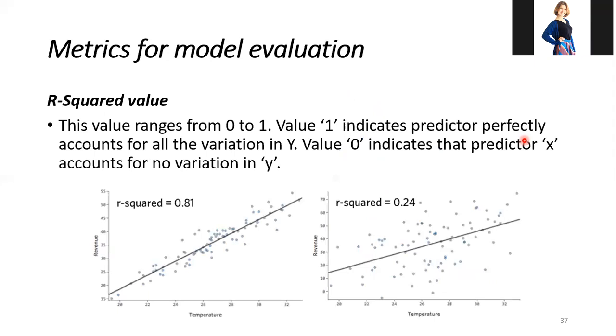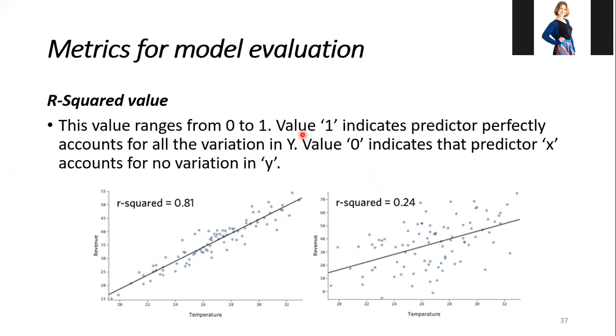There are some metrics to evaluate the efficiency of your model. The most popular is the R-squared value. This value varies from 0 to 1. If it's close to 1, it means that your predictor perfectly accounts for all the variation in Y. So the variation of your response may be described by the X value.